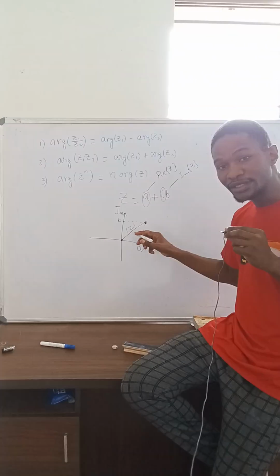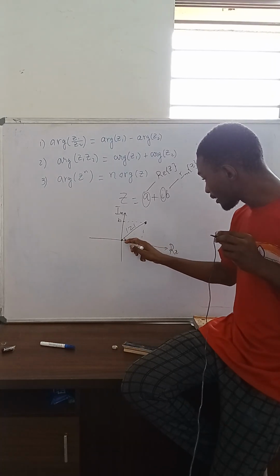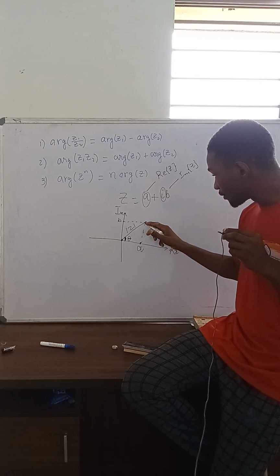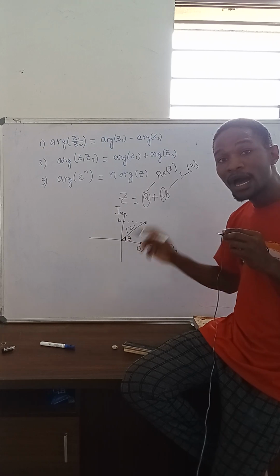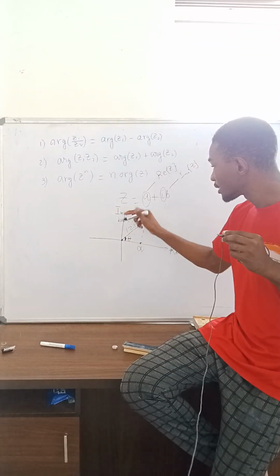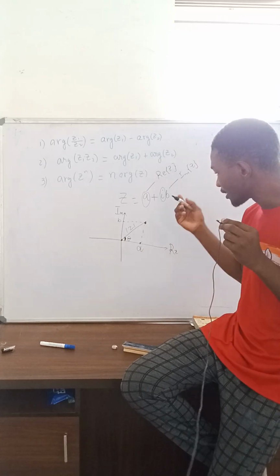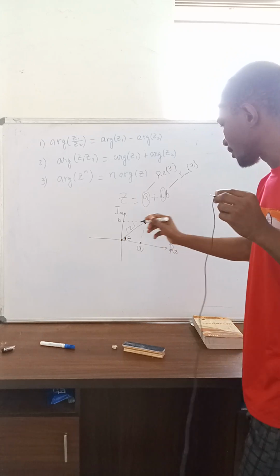We know how to calculate this module, I will show that shortly. And here we have an angle, the angle between the module of z and a, which we call the argument of this complex number. That's all in a short view about complex numbers.